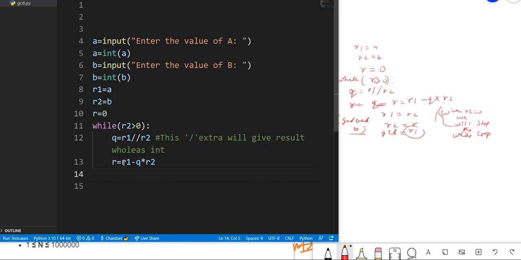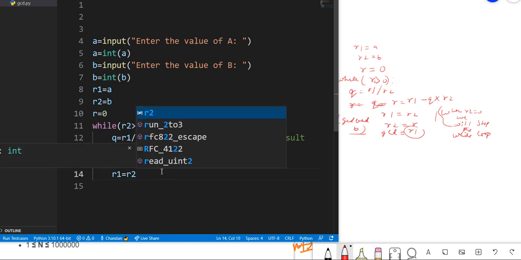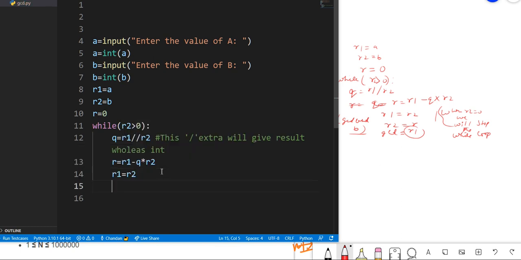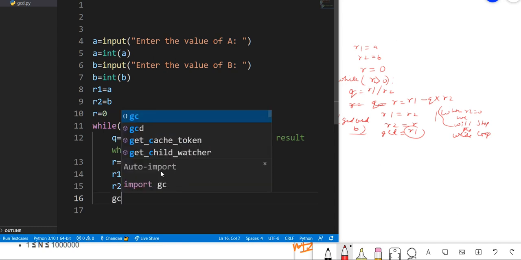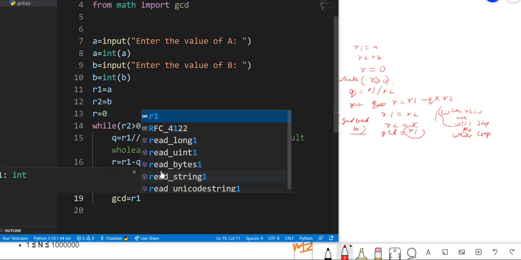Now the next step should be r1 equals r2, right? Then r2 equals r, right? Now after doing this, when r2 becomes 0, then we will write gcd simply equal to r1.